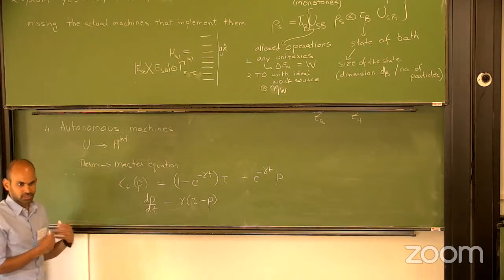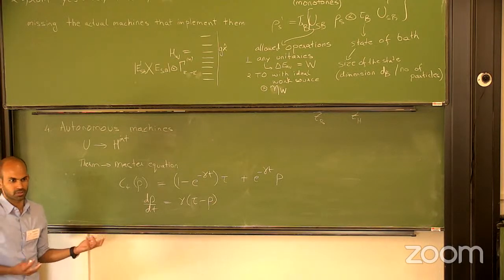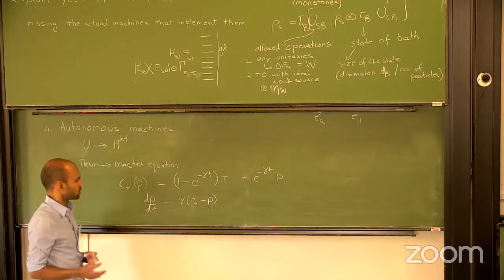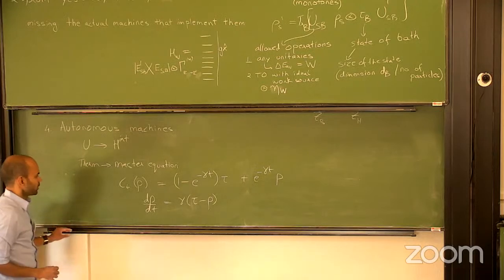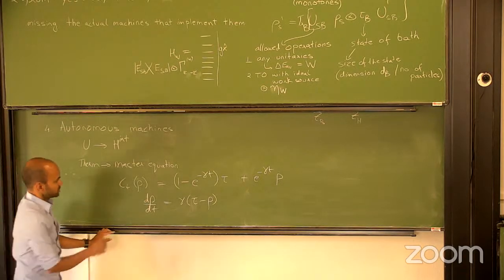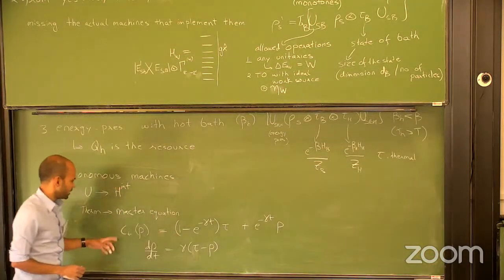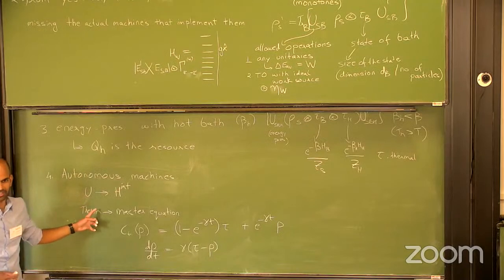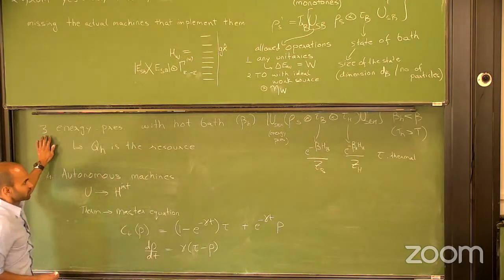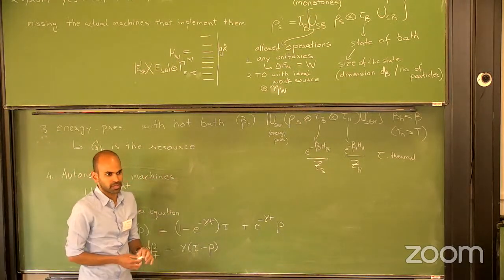You wait for it to approach a steady state, and the steady state gives you the thermodynamic properties of how the machine is doing, how much heat is transferring to work, etc. The disadvantage, of course, is that it has very little control. Once you set up the states of the bath and the hot in an autonomous machine, you cannot change them anymore. Whereas in principle, in the third paradigm, in each step I could use a different Hamiltonian for the bath and the hot system.